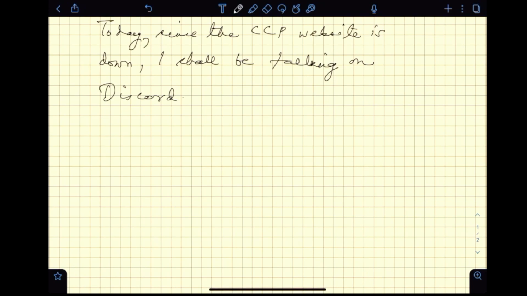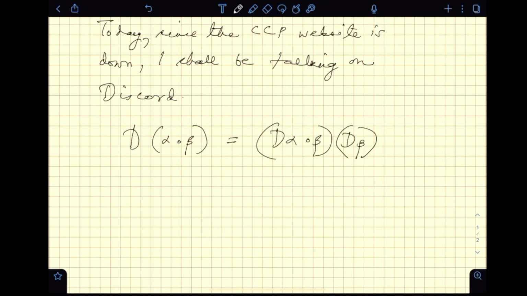The formula looks like this: d of alpha composed with beta is equal to d alpha composed with beta, d beta. This is how it is stated in my Calculus 1 notes, and it's really the same formula which is used in Calculus 3.